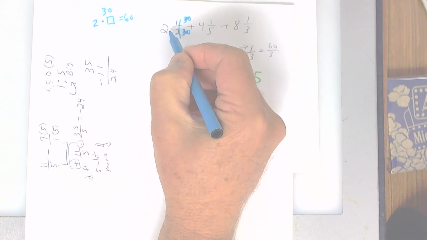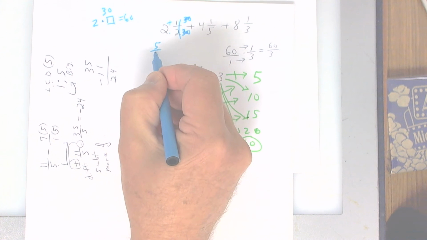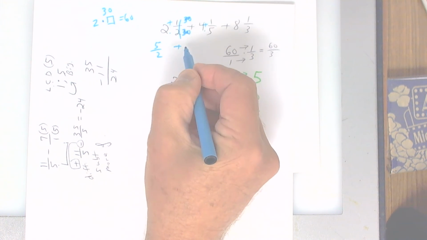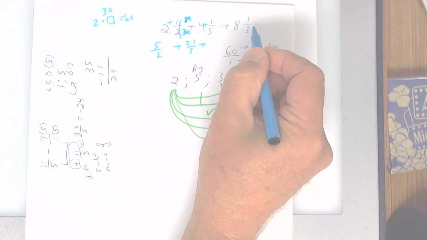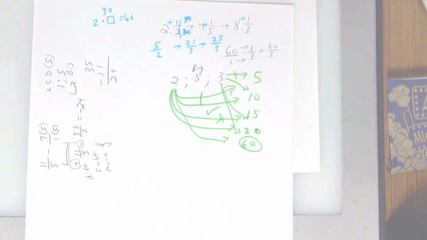Let's do that first. 2 times 2 is 4, plus 1 is 5 over 2, plus 4 times 5 is 20, plus 1 is 21 over 5, plus 8 times 3 is 24, plus 1 is 25 over 3. Now, we're still going to use the same denominator of 60.